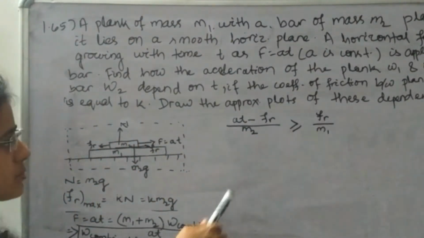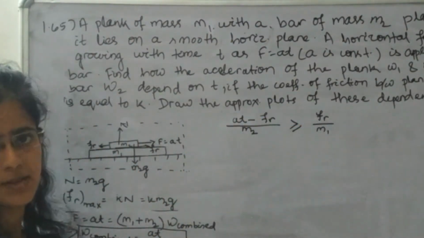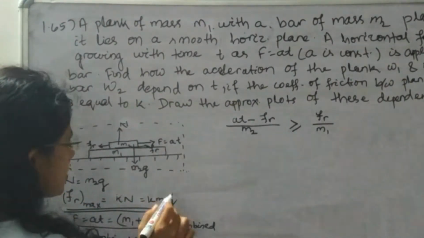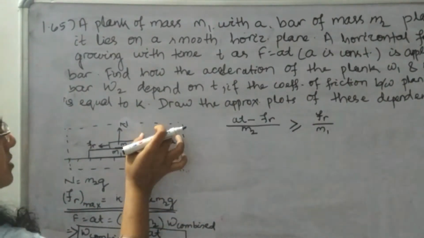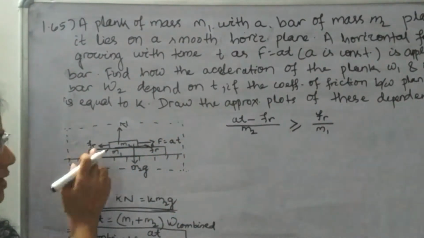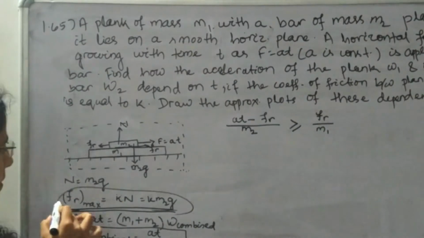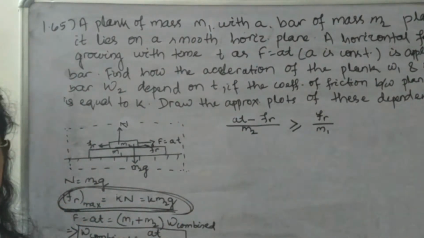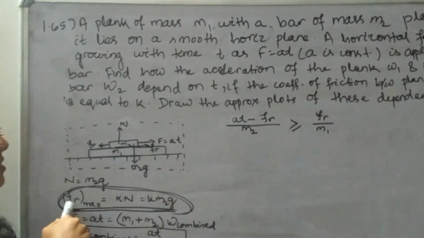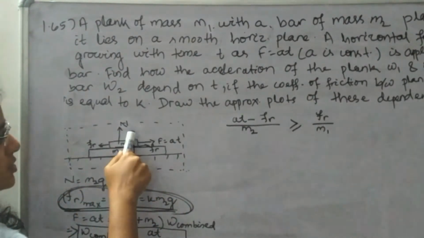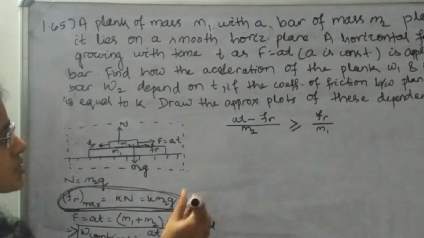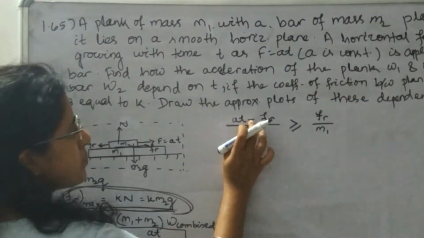For the ground observer, this is correct because, as the maximum value of friction is reached after some time, this force is only on this bar. There is no force on this plank because the maximum value of friction has already been reached. So for the ground observer, after the maximum friction is reached, this bar is moving with greater acceleration than this plank. So I can write it as At minus Fr.